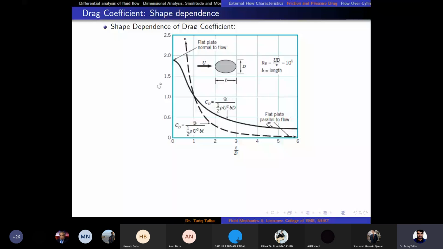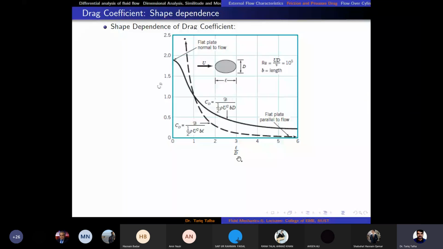And so you can easily see that we have got L upon D. When L upon D is a very small value, it means that we are talking about a plate which is placed perpendicular to the flow, right?